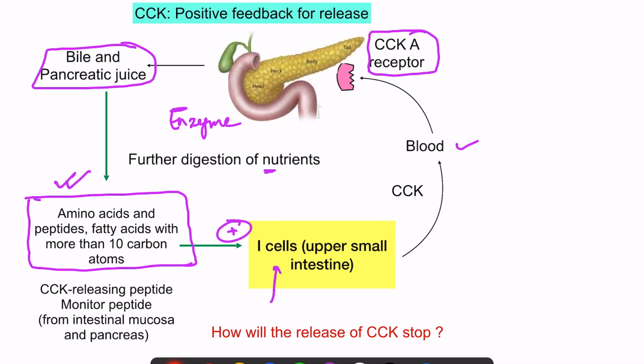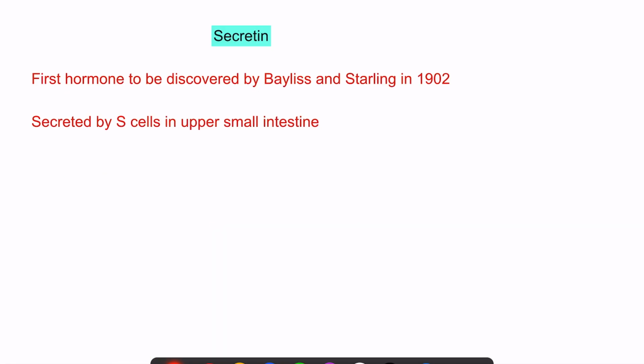In gastrin, we saw that it was a negative feedback control. Here, it is a positive feedback control. So, more release of CCK occurs only until the products of digestion are absorbed by the intestinal mucosa and the rest of the contents move forward, and then the CCK secretion stops.